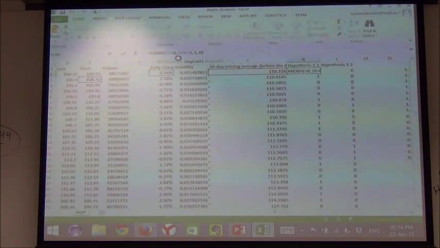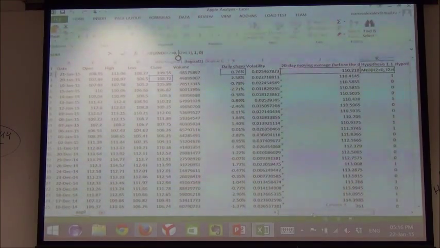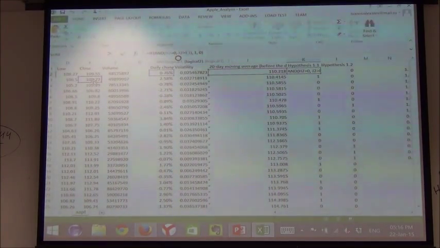So let's say that today is January 20th, and we know that the current price is equal to this value. And we compare that price with the current 20-day moving average. And this is this comparison. And we see what was the daily change after that. So it was positive.